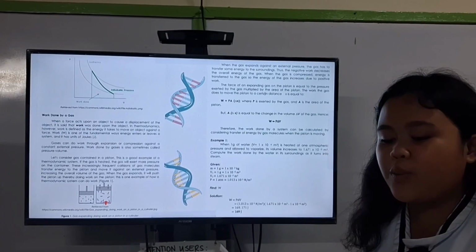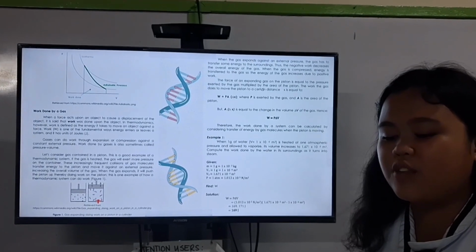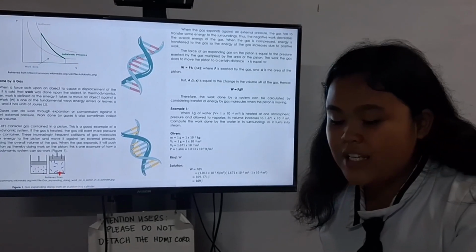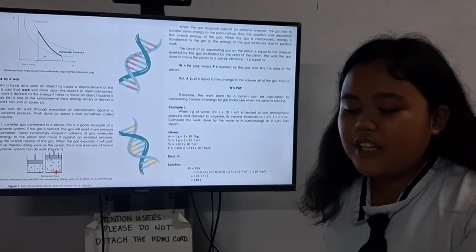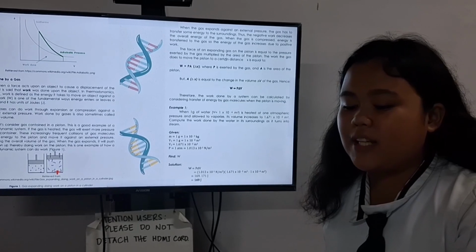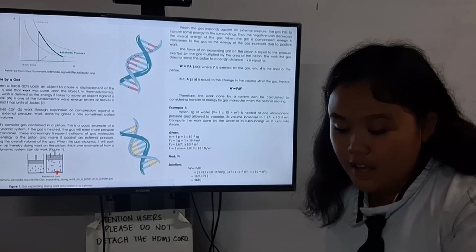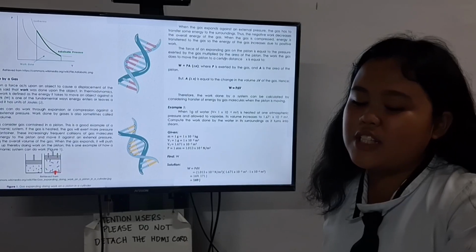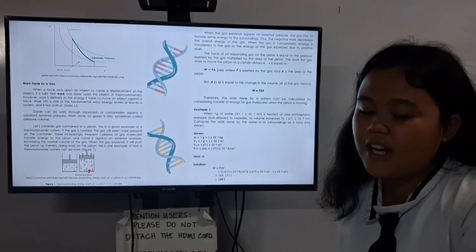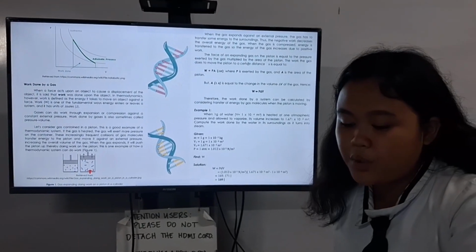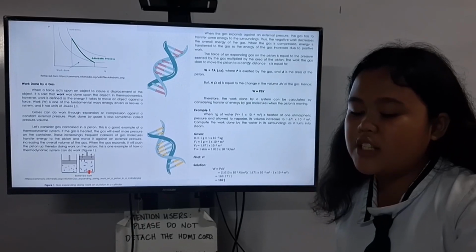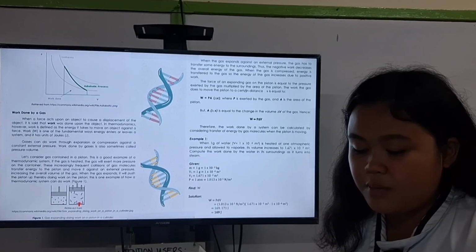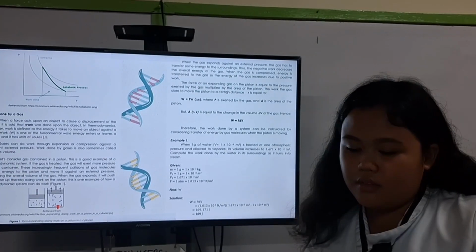V1 is 1 times 10 raised to the power of negative 6 m cubed. V2 is 1.671 times 10 raised to the power of negative 3 m cubed. P, the pressure, is equal to 1 atm, which is 1.013 times 10 raised to the power of 5 newtons per square meter.